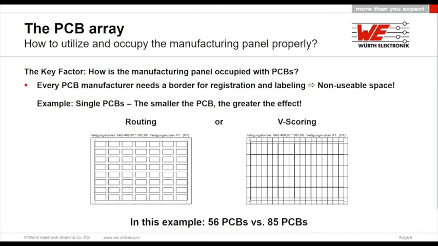Maybe on 2 edges, you could use V-scoring, and on the other edges for curves, roundings or whatever, we only would use the routing process, so that still space could be saved in the active area when the PCBs are being placed. So if you want to know what the best placing would be, just contact us. We can advise you how this can be done.